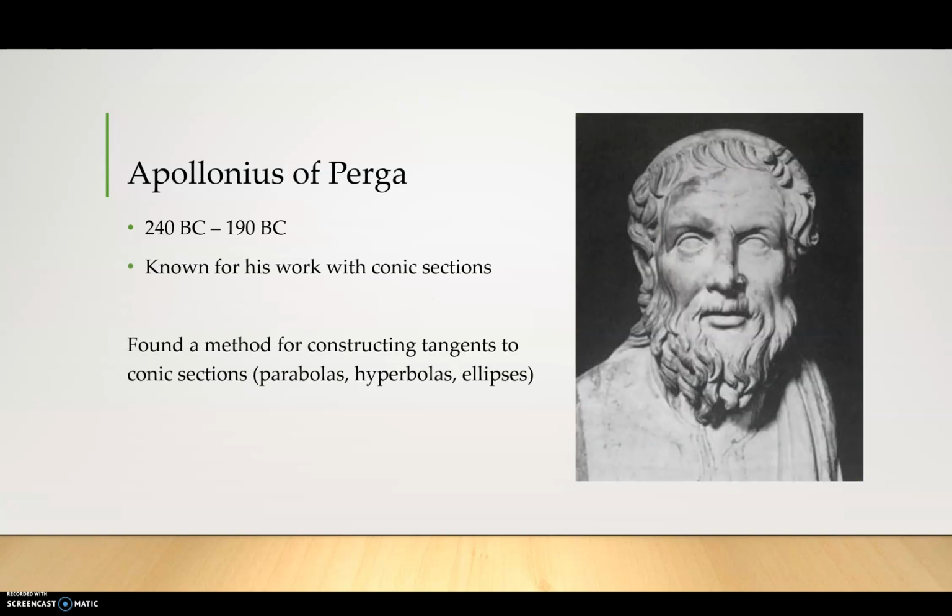Continuing on this line, we also have Apollonius of Perga, also known as Apollonius the First. He was around 240 to 190 BC. He was known specifically for his work with conic sections, which are parabolas, hyperbolas, and ellipses. And circles were the other conic section, but we had already talked about those.